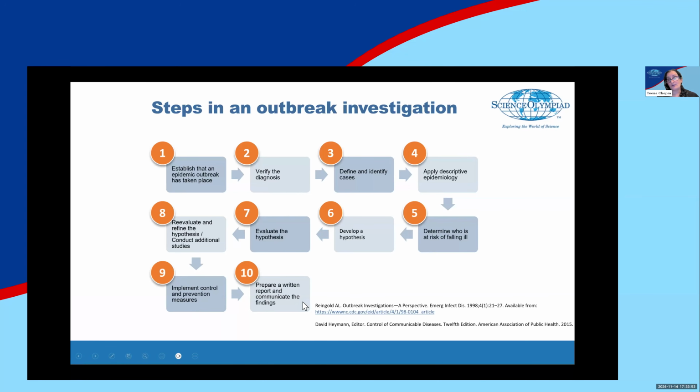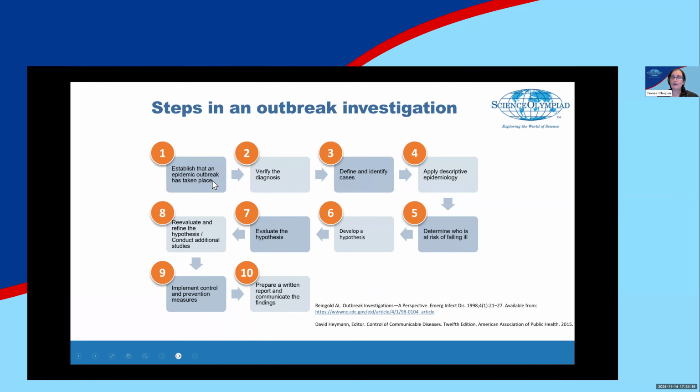And then I will write a written report and I'll submit it to the quality department in my hospital. So that is how I'm going to conduct an investigation, and I'm going to stop the chain of transmission of this organism that is spreading from one patient to another. So again, the various steps include establishing that it has been an outbreak.